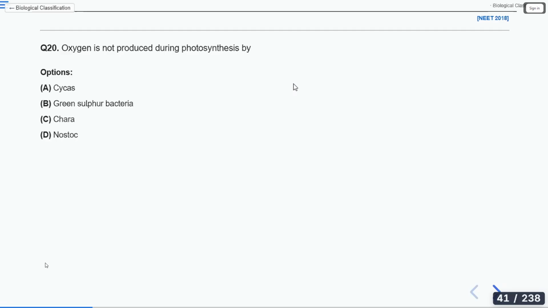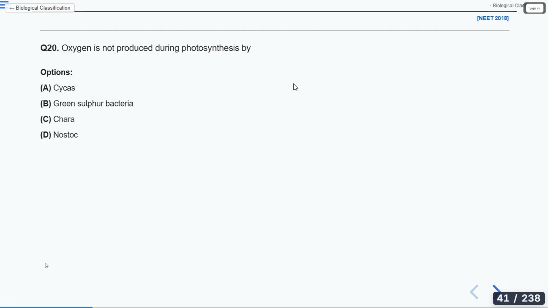Green sulfur bacteria. Cycas belongs to which group of plants? Gymnosperms. Chara belongs to? What is Chara? Chara is an alga. Very good.